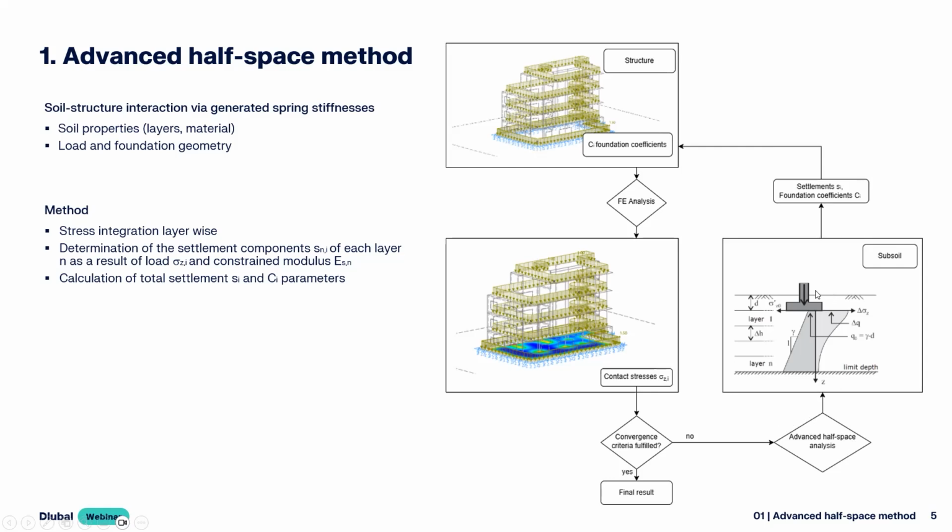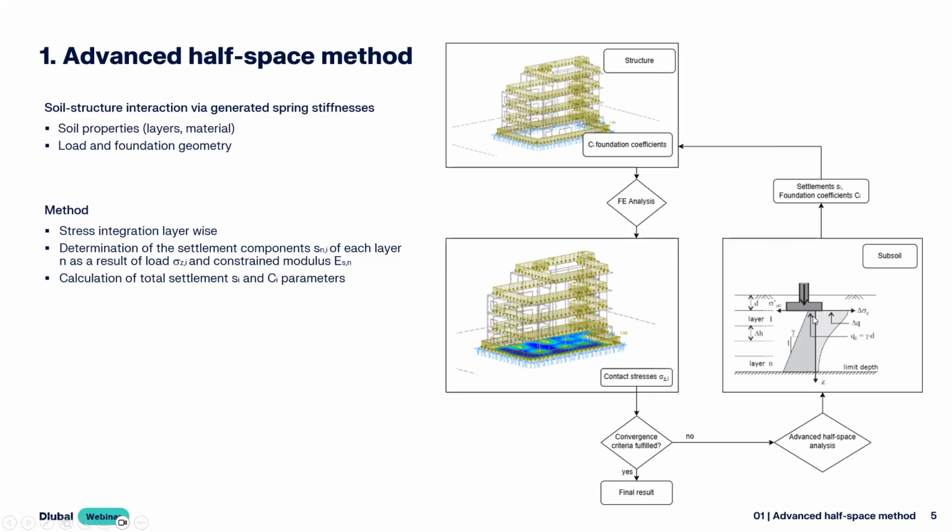The contact stresses are put as load on the subsoil, and the stress is integrated layer-wise, and with the stiffness of each layer, the settlements are calculated, and also the foundation coefficients.